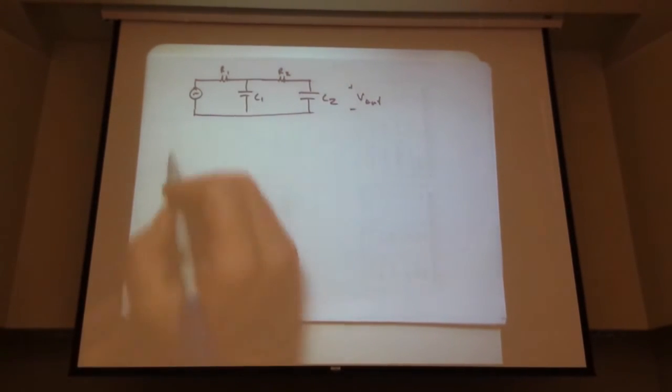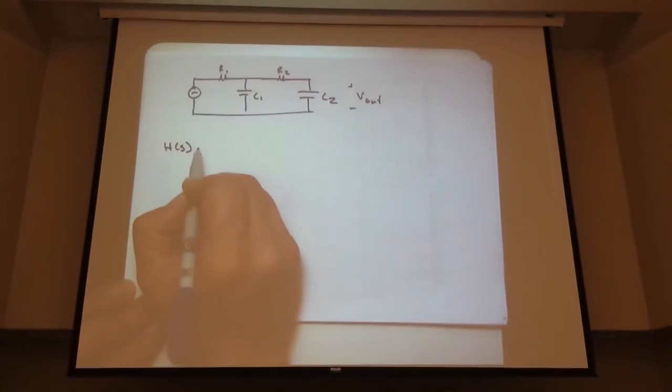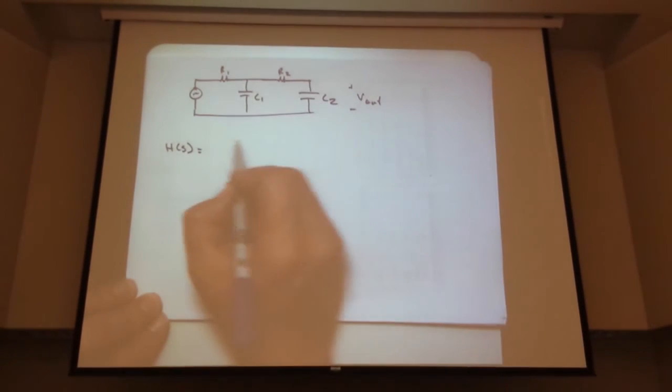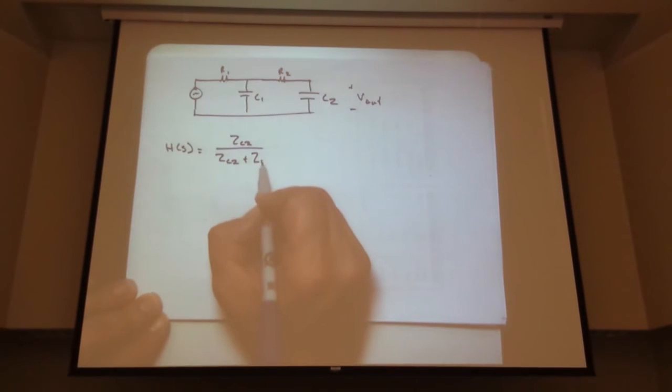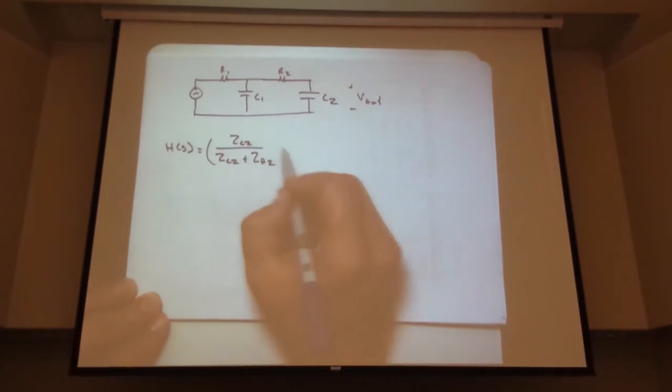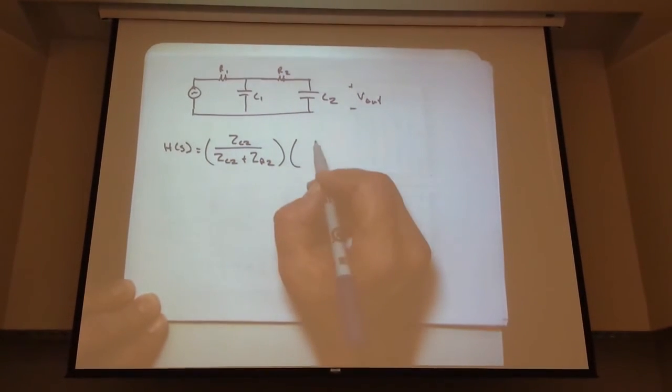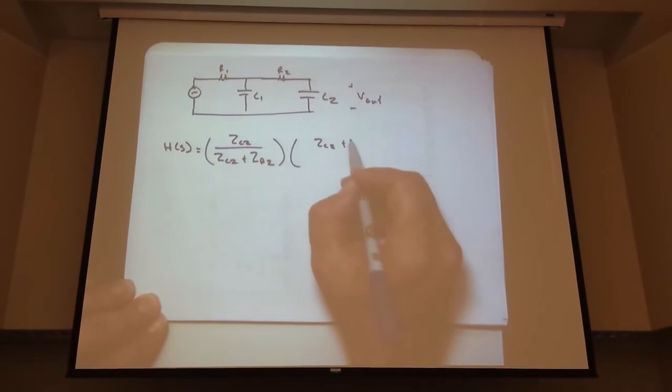We could write out H of S, in this case, as ZC2 over ZC2 plus ZR2, in parallel with ZC1, all over ZC2 plus ZR2 in parallel with ZC1, plus ZR1. Again, it's not vital that you write everything down here.